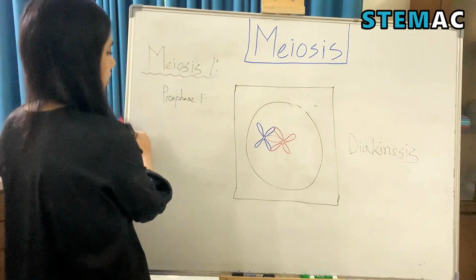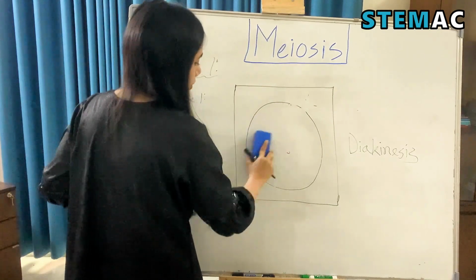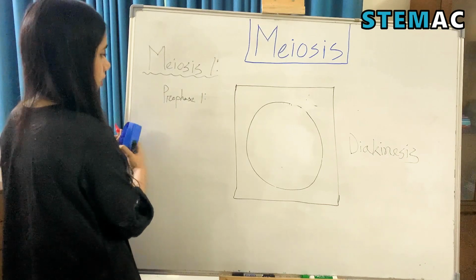In diakinesis, the homologous chromosomes will separate from each other.